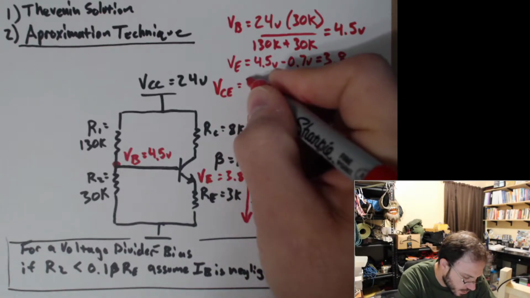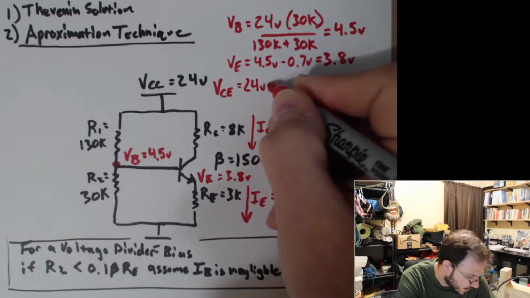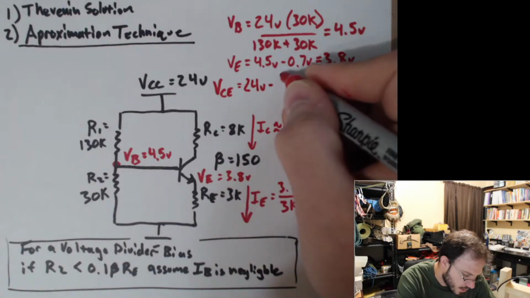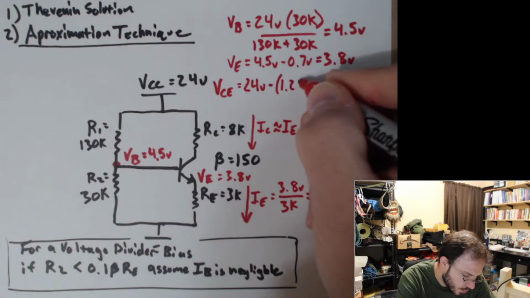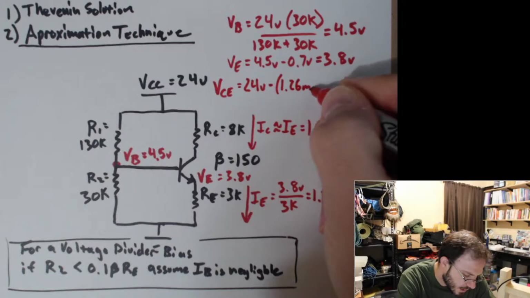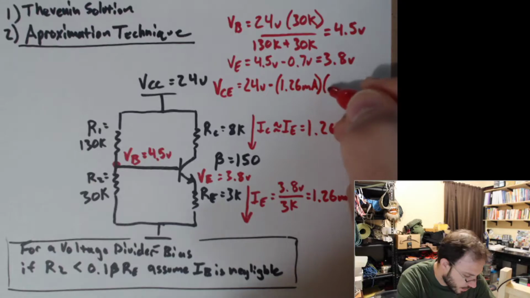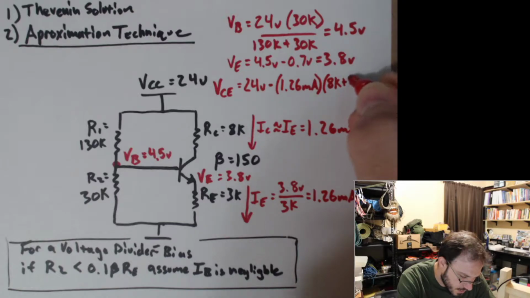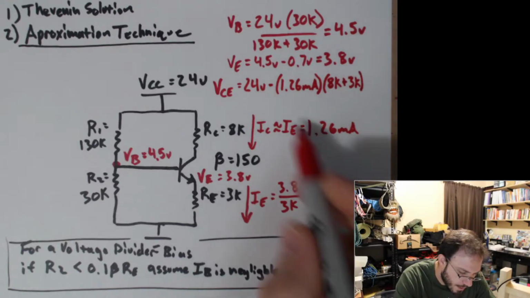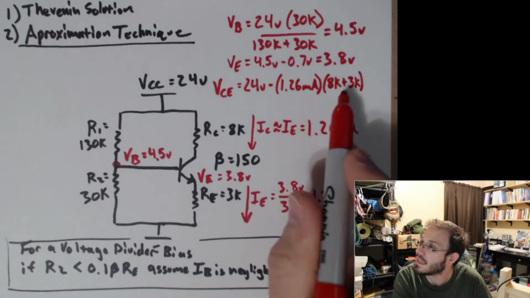VCE is equal to 24 volts minus 1.26 milliamps times both 8K plus 3K. I'm just multiplying these out.